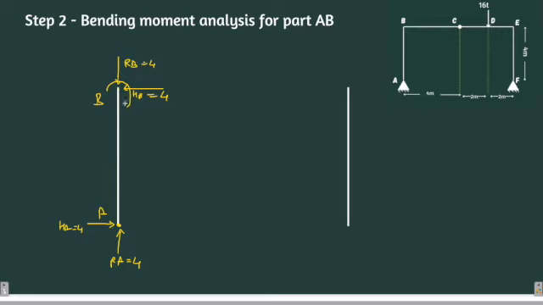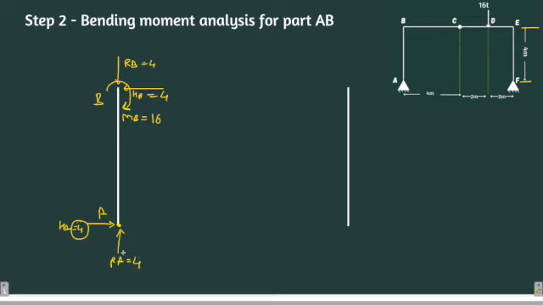Moment at B must be equals to this 4 into the distance between AB, which is 4 units, right? So we are going to multiply this 4 and this 4 and apply a moment at B, which is nothing but 16 units. I'm not writing the units, but there will be a moment at B which is going to be in the clockwise direction to counter the moment which is produced by HA.